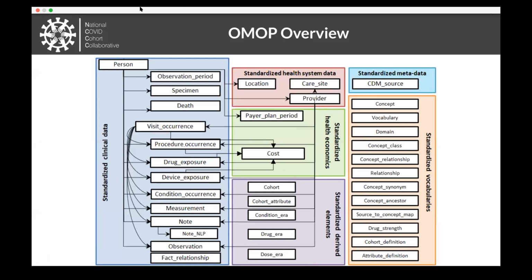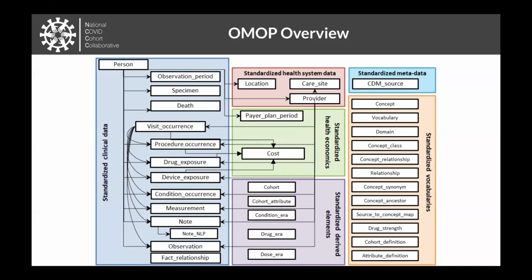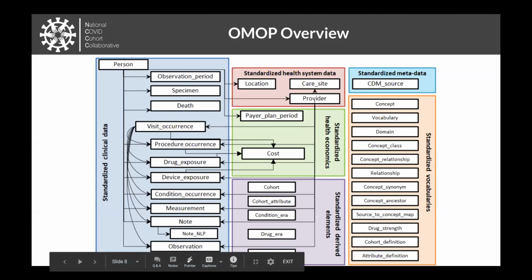But then my role in Odyssey, I actually help to manage the model itself. So I'm responsible for taking input from the community and helping arrange that into potential updates to the model. And I do a lot of work around data quality, leveraging this model and how it works.